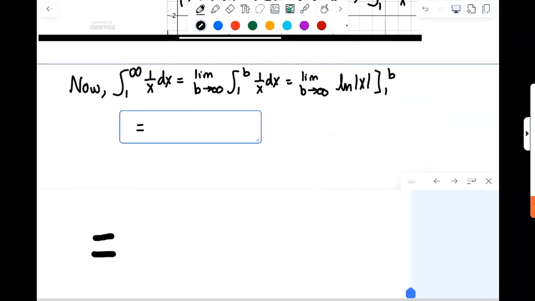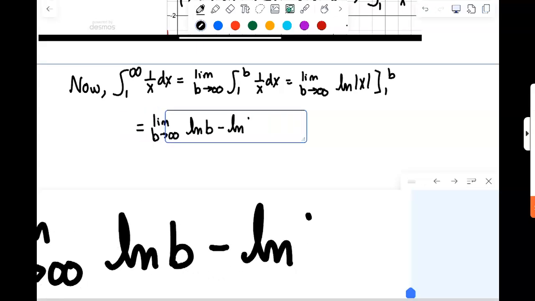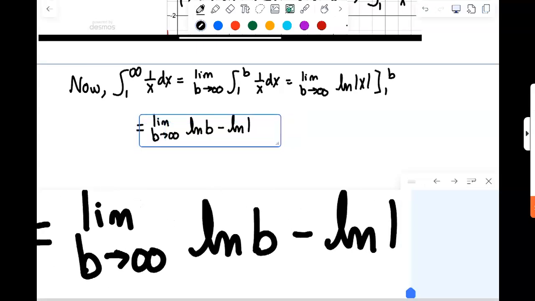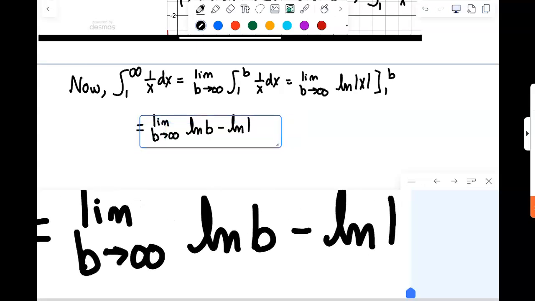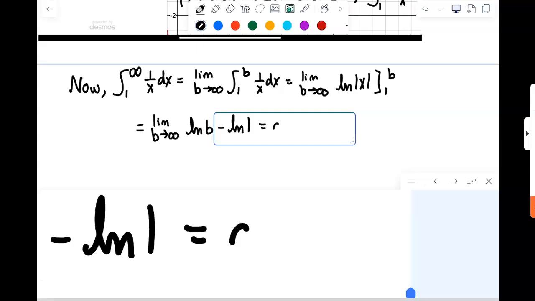And that would be equal to the limit as b goes to infinity of ln of b minus the ln of 1. Ln of 1 is just 0, and as b goes to infinity, as we discussed previously, ln of b also goes to infinity.